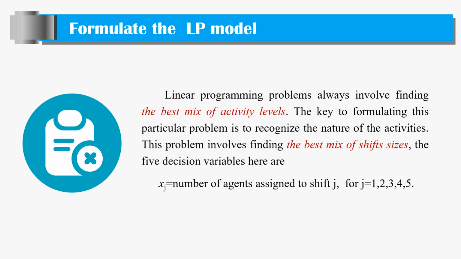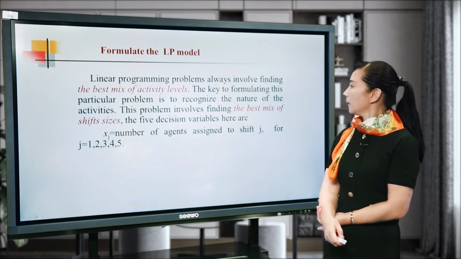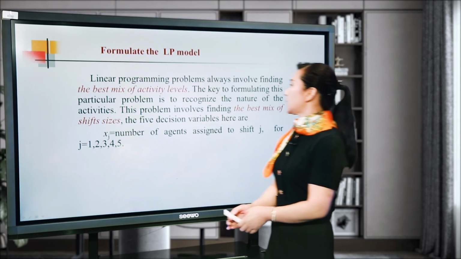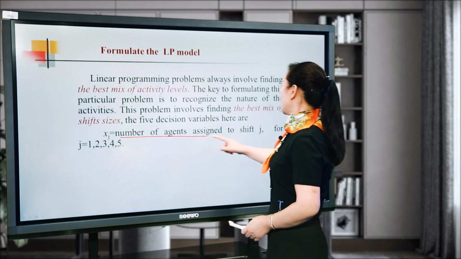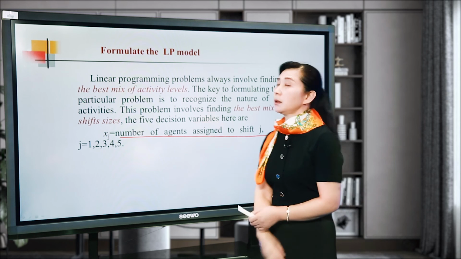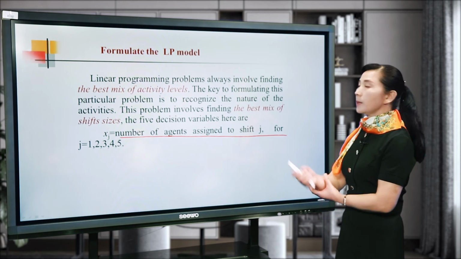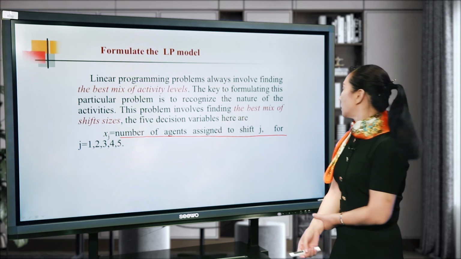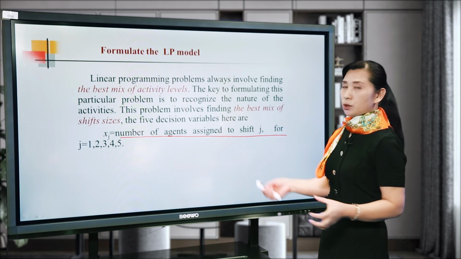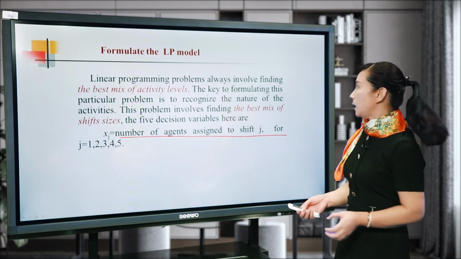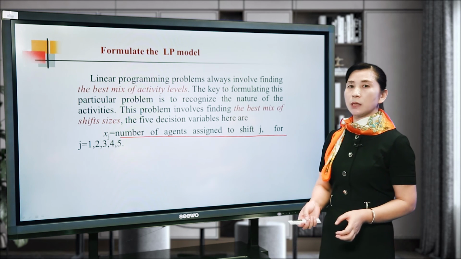So in this problem, we analyze the formulation procedure. We set Xj as the number of agents assigned to shift j, because in this problem, we need to assign the agents to each period and to satisfy the service.